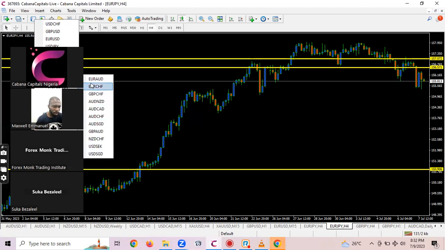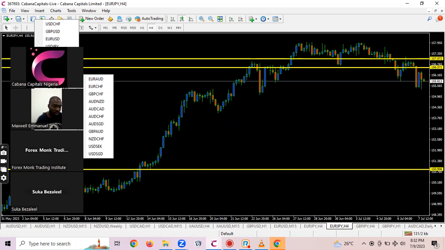Before you trade any currency pair, it's important that you know how correlated that pair is with the major currency pairs. GBP NZD and GBP USD are positively correlated, right? Yes. Okay. It's very important that you know how these pairs correlate with all the major pairs before you trade them.